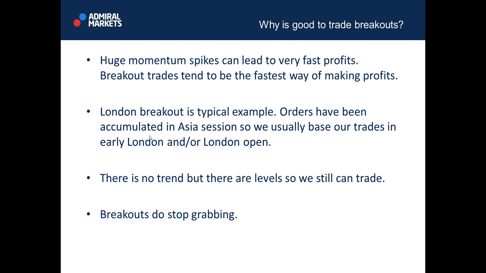Orders which have been accumulated in the Asia session, we actively trade those orders, because if levels of support or resistance break during the London Open, that means that accumulation has effectively become a breakout, a distribution. So we usually base our trades in early London and on London Open.